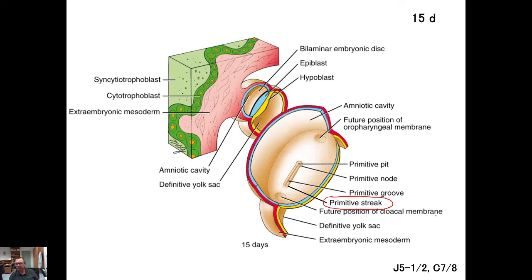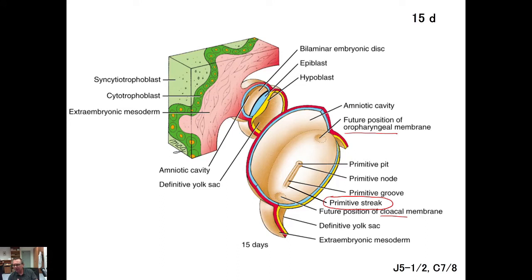It will be a disc-like structure, where epiblast and hypoblast are connected by tight junctions, and something similar is developing near the cranial end of the embryonic disc, but it will be called the oropharyngeal membrane.